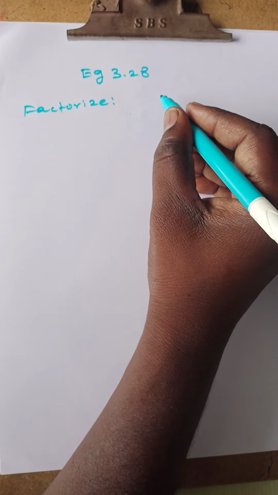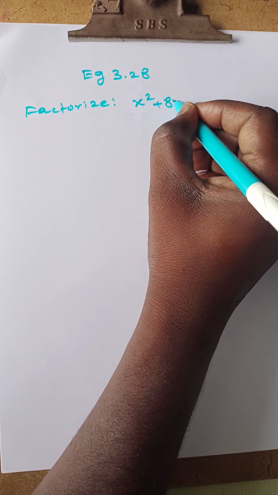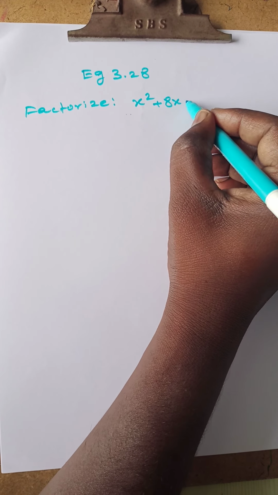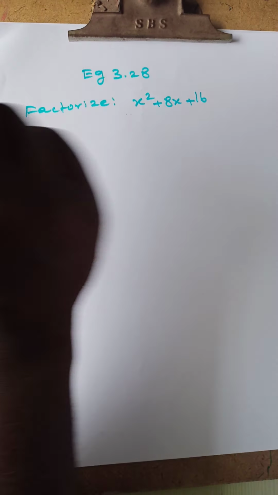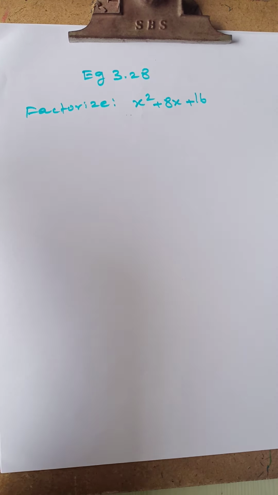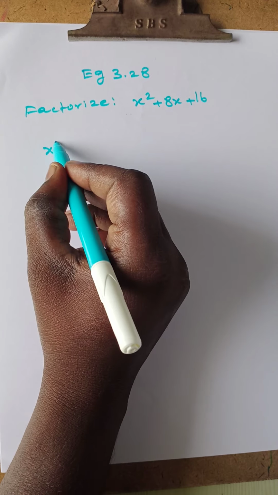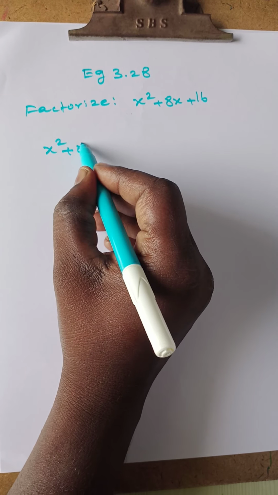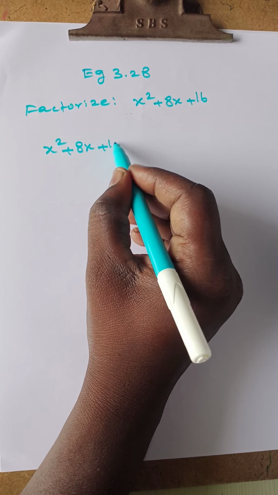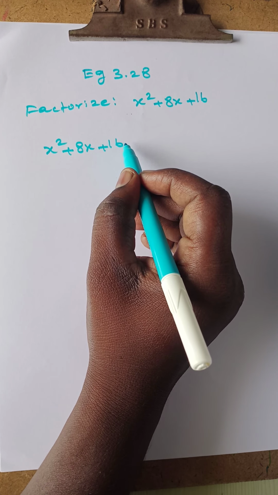Factorize x square plus 8x plus 16. Okay, so listen. The question is x square plus 8x plus 16, which we have to factorize.